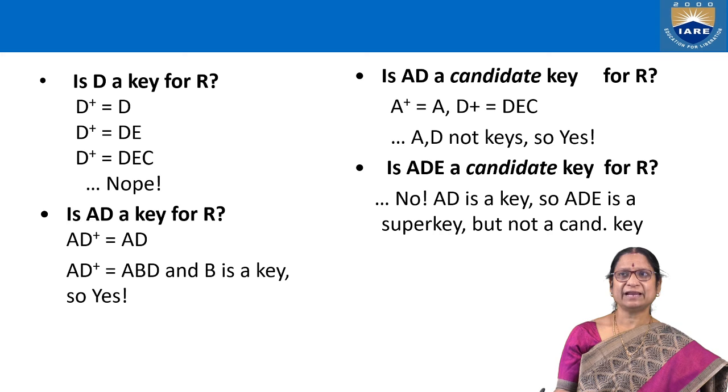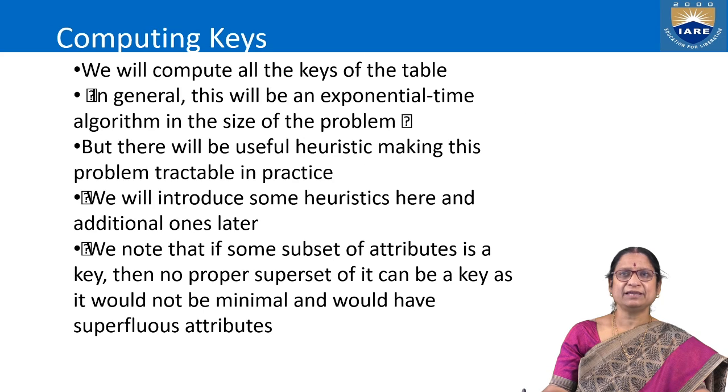So we can identify whether it is a key or not, or whether a particular dependency exists or not, by using this attribute closure computation. So by using attribute closure, there are many uses actually.